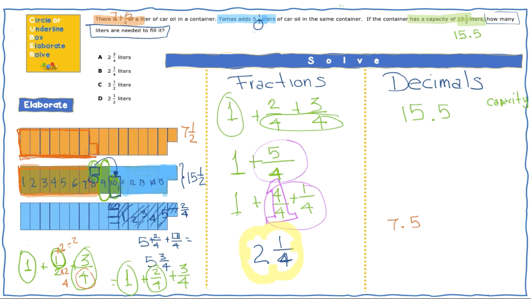Can you help me and tell me by looking at your flashcards how much is 1/4? 0.25. Great. How much would it be 2/4? 0.50. Great. And how much is 3/4? 0.75. Yes.